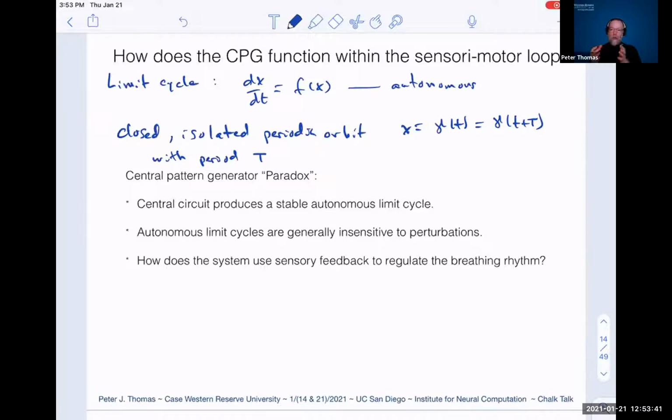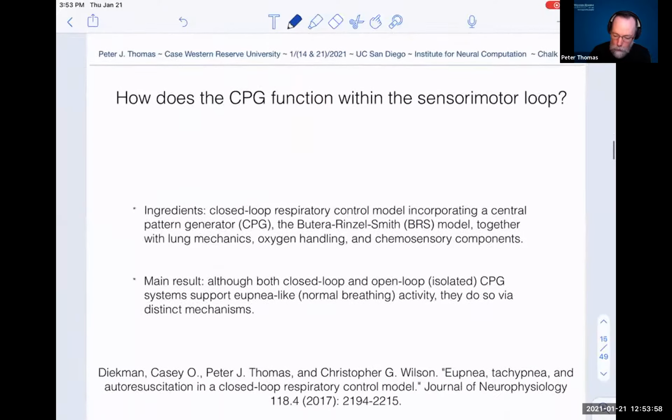So somehow we need to have the robustness that comes with an autonomous limit cycle type system combined with the flexibility to adjust to changing environmental conditions. Okay, so part of what motivates all this work is how do we understand that in real systems?